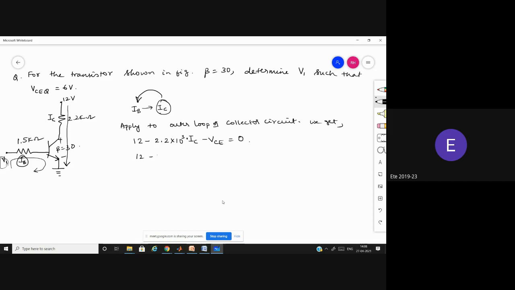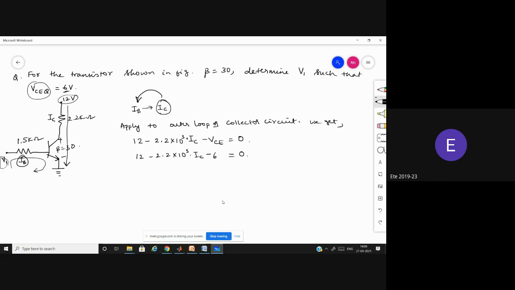So 12 minus 2.2 into 10 to the power of 3 into IC minus VCE, given as 6, is equal to 0. Here also you can observe VCE is 6 volt and VCC is 12 volt. I was telling, no, VCE is usually half of VCC. So in that condition only it is there.